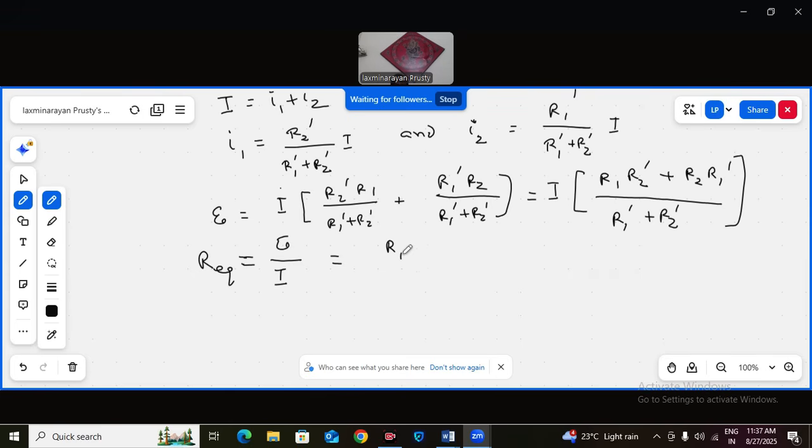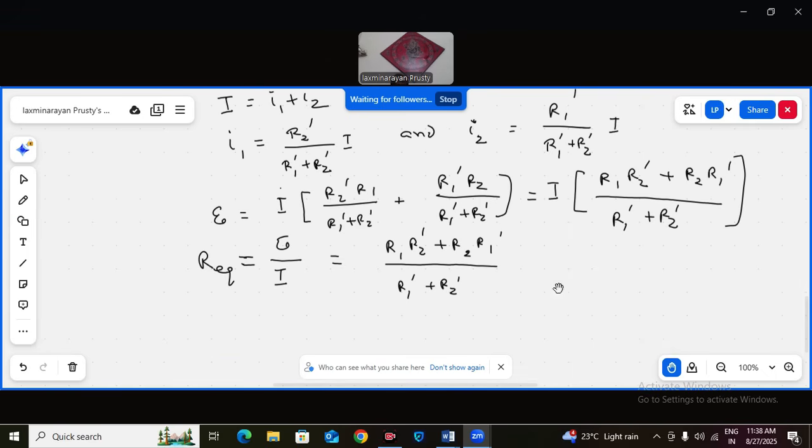So that is R1 R2 dash plus R2 R1 dash by R1 dash plus R2 dash. And again I'm saying this is the R equivalent.